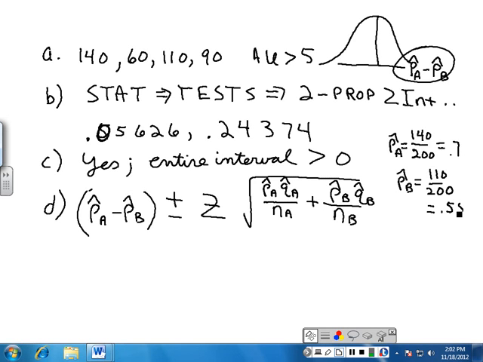I hope the board isn't wobbling on you guys like it is on me. Well, anyway, p hat A minus p hat B. If you wanted to just put 0.15 here, I would allow that. In fact, I would almost prefer it, just the 0.7 minus the 0.55. But I'm going to put it all in here so you can maybe see it if you're having trouble with this. The difference between the two sample proportions, plus or minus.